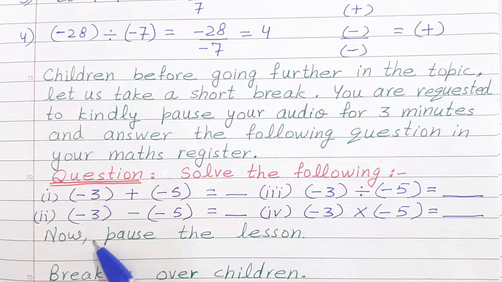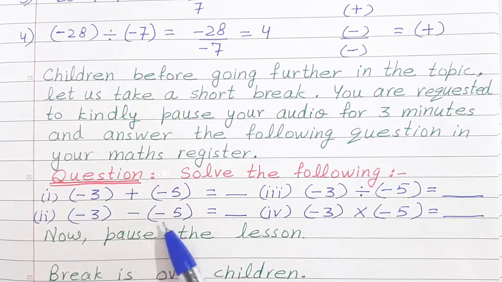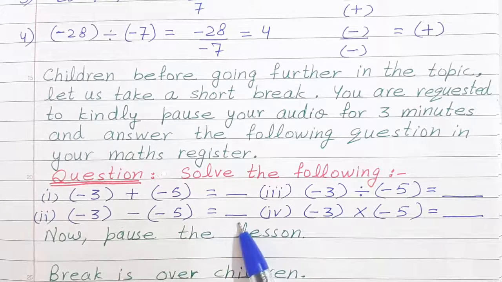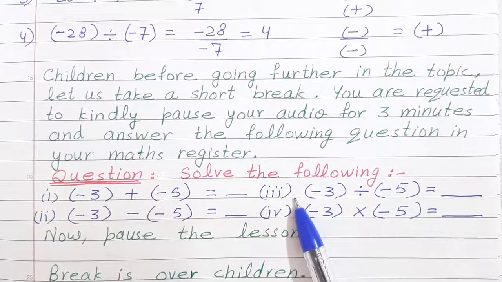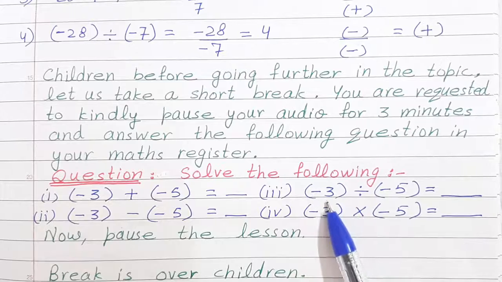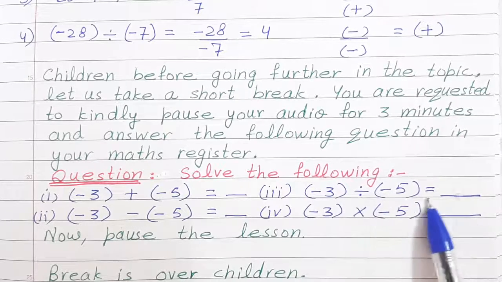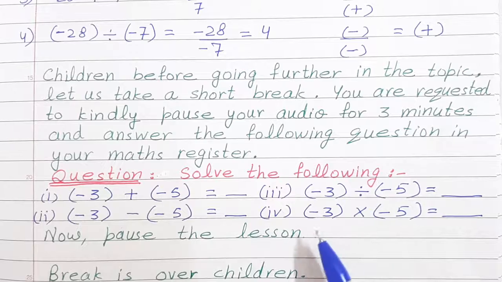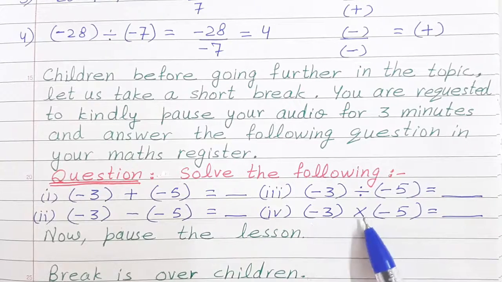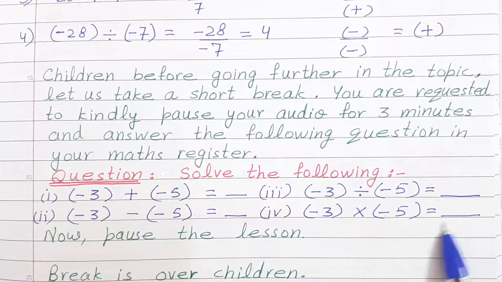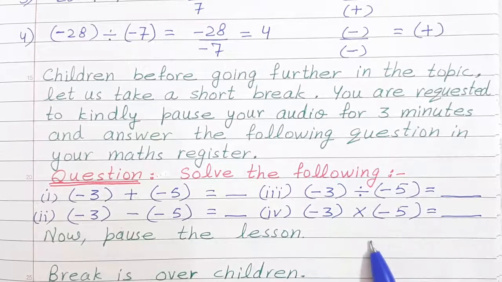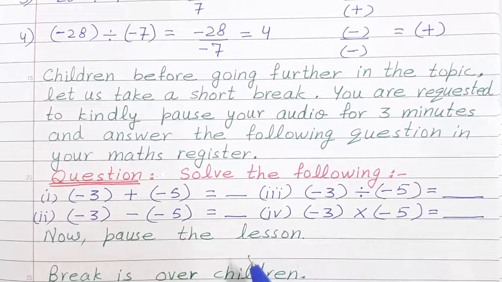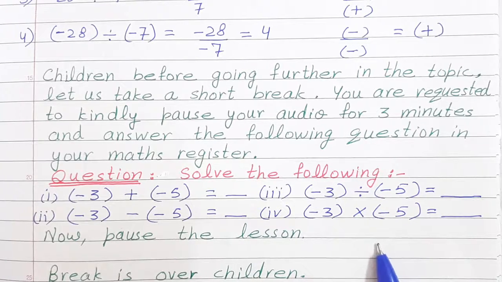Then the second part is minus 3 minus of 5 is equal to dash. Then the third part is minus 3 divided by minus 5 is equal to dash. And the fourth part is minus 3 multiplied by minus 5 is equal to dash. Now children, pause the lesson for 3 to 4 minutes and try all these questions in your register.